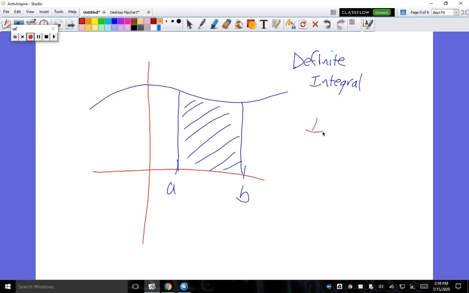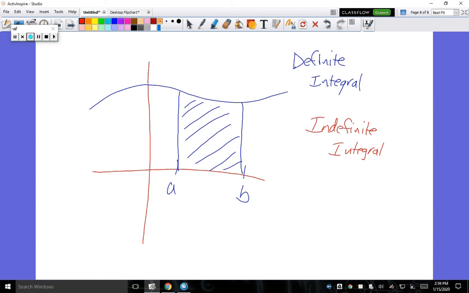An indefinite integral, what is that looking for? Take the integral of something that doesn't have boundaries. I'm just going backwards. You'll learn it here in just a bit. Power rule, remember what the power rule was?